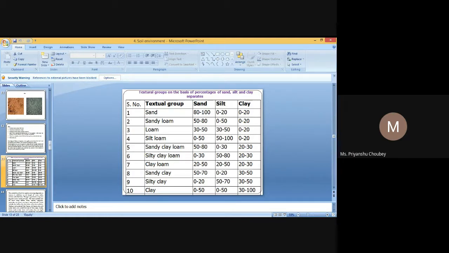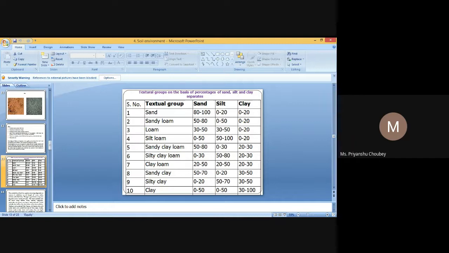Sandy loam: 50 to 80% sand, 0 to 50 silt, and 0 to 20 clay. Loam: 30 to 50% sand and 30 to 50% silt and 0 to 20% clay. Silt loam: 0 to 50% sand and 50 to 100% silt and 0 to 20% clay.